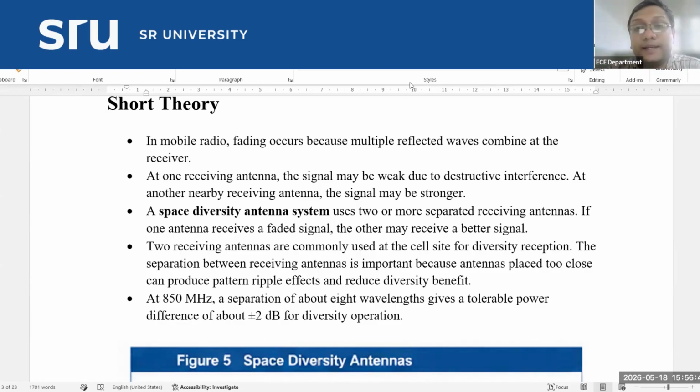This type of antenna system is called a space diversity antenna system: two different antennas kept at a distance. What is the logic behind that? The logic is, if they are kept at a distance, then the probability of getting fading at both receivers at the same time is very low.